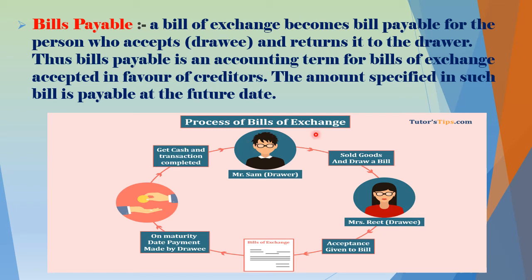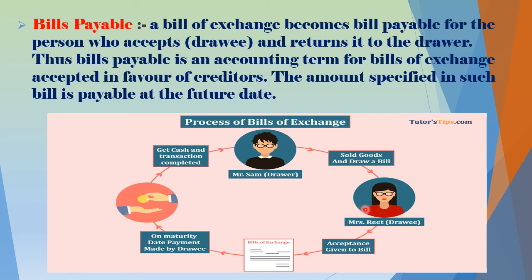So the process of bills of exchange is for any credit sale between two persons, not customers but like two suppliers we can say. Mr. Sam sells goods to Mrs. Reith and Mrs. Reith says that I won't be able to pay now, so you give on credit. So Mr. Sam draws a bill of exchange.